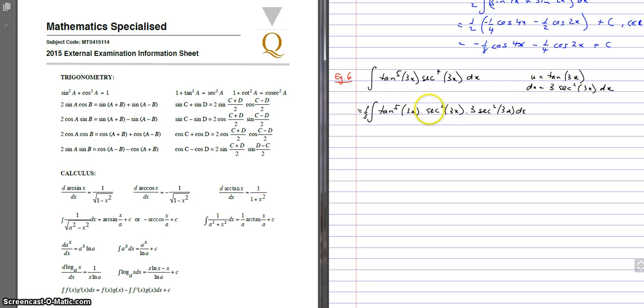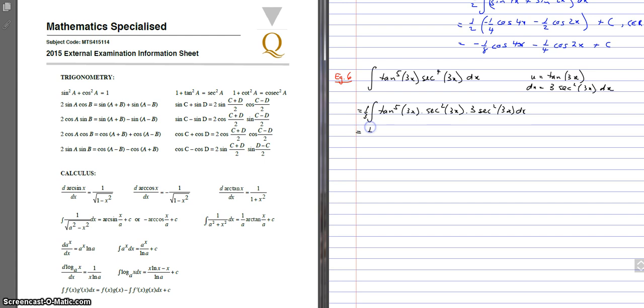Now where to from here? If we go back and have a look, one of the modifications of the Pythagorean identity here is 1 plus tan squared a equals sec squared a. Okay, so what we can do is change this sec squared 3x to 1 plus tan squared 3x.